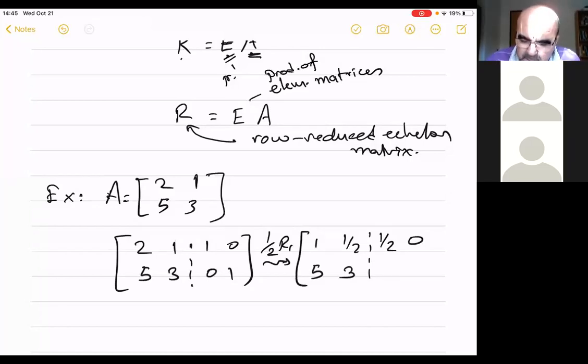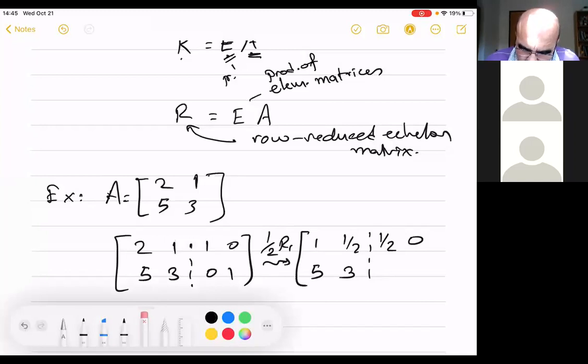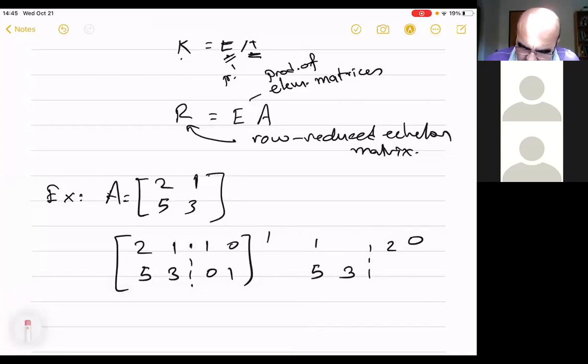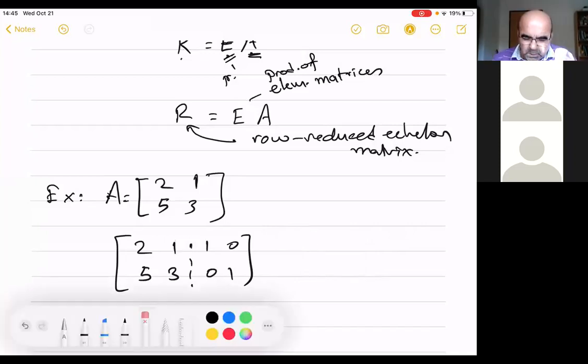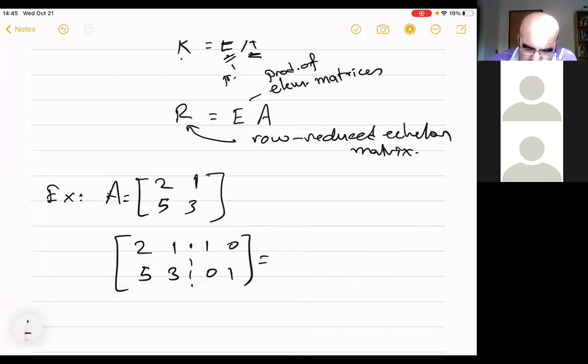Instead of playing with fractions, let me do it another way. The easier way is perhaps to multiply the first row by -2 and add it to the second row.